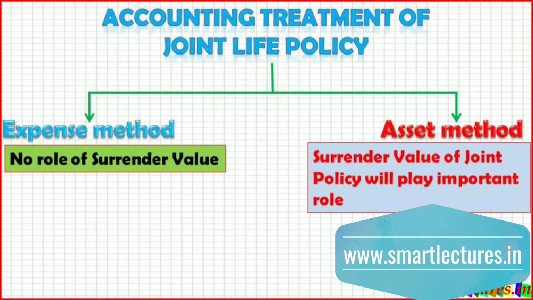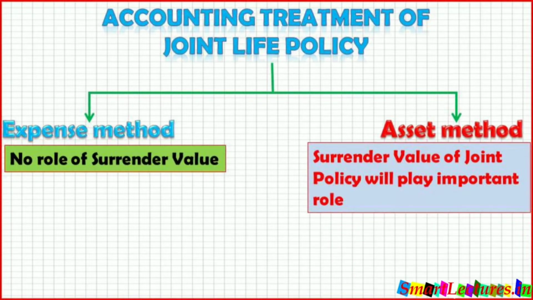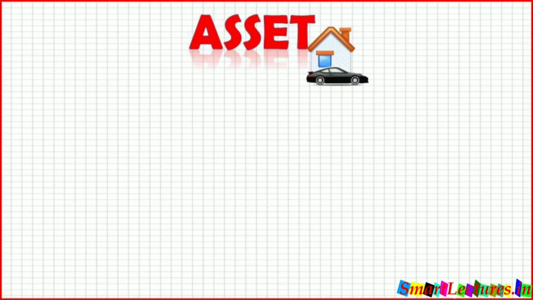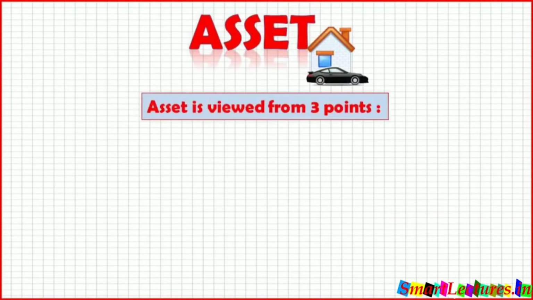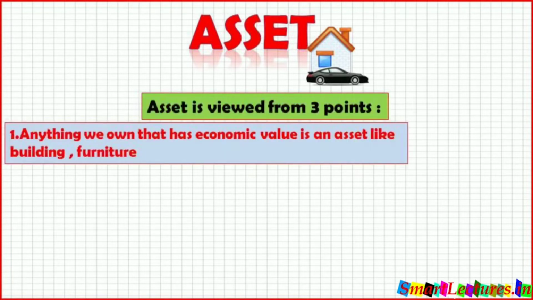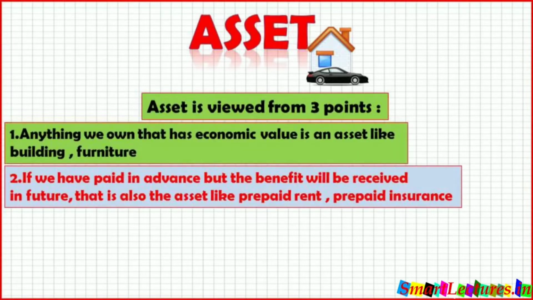Before I start this asset method, I must remind you of the definition of asset. You know, asset is viewed from 3 points. Number one, anything we own that has economic value is our asset, like building, furniture. Number two, if we have paid in advance, but the benefit will be received in future, that's also our asset, like prepaid rent, prepaid insurance.